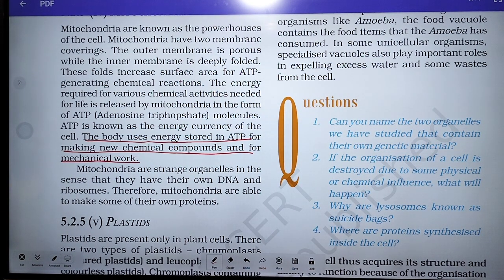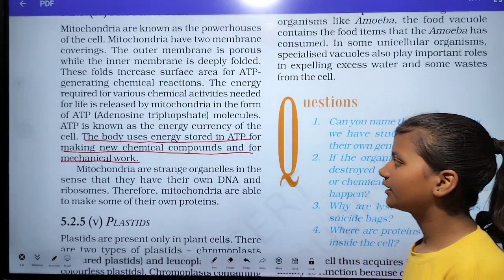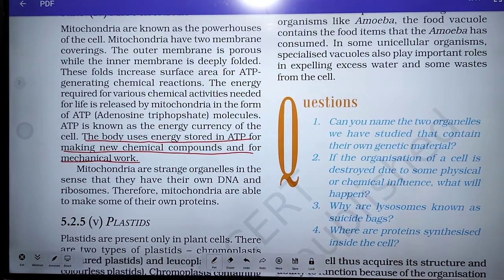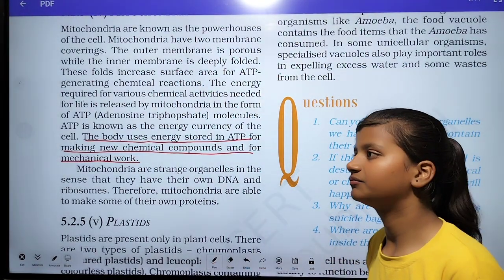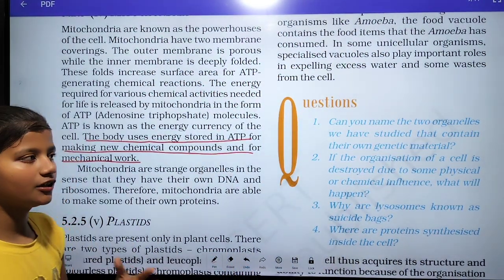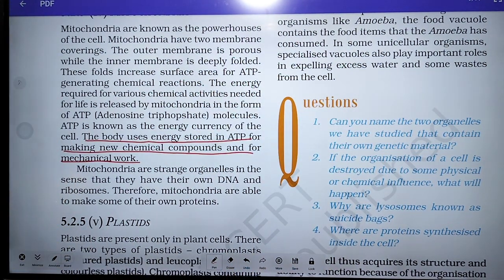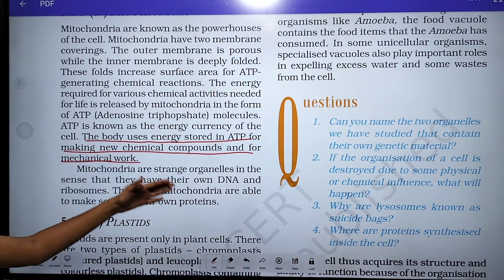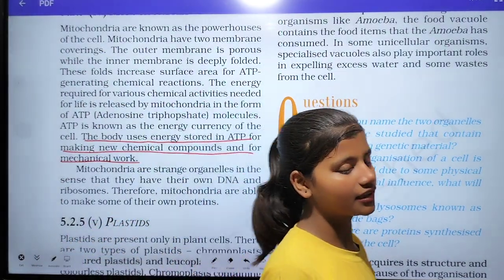It means if we do any type of work, the body wants energy, and that energy is stored in ATP.